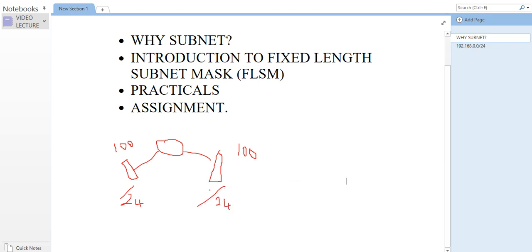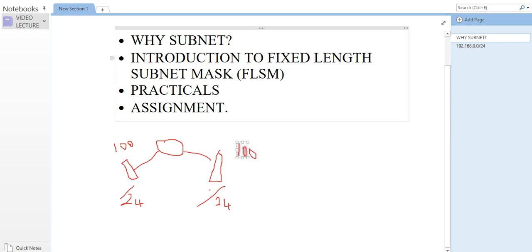Now let's assume that we are using CIDR 24. So when we're using CIDR 24, obviously this tells us that we have 256 addresses, for which if we subtract 2, we're going to be left with 254 IP addresses. So with 254 IP addresses, where you need only 100, with that your contingencies to at least be maybe 20 addresses or maybe 28 addresses.